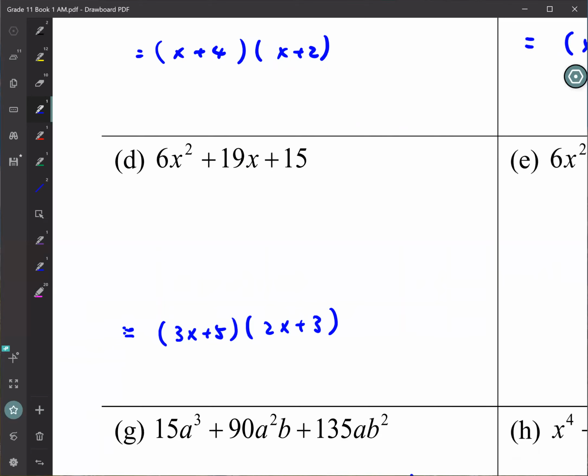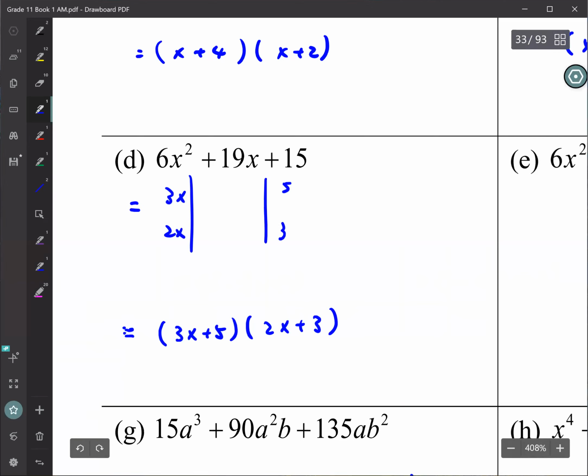Okay, so let's check the pairs. We have 3x and 2x, and it looks like you used 5 and 3. If we cross multiply, that gives you 10x and 9x, which adds to 19x, okay?